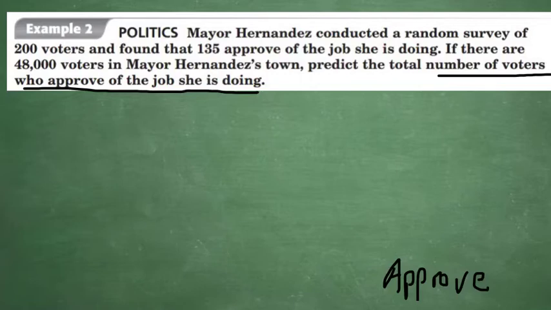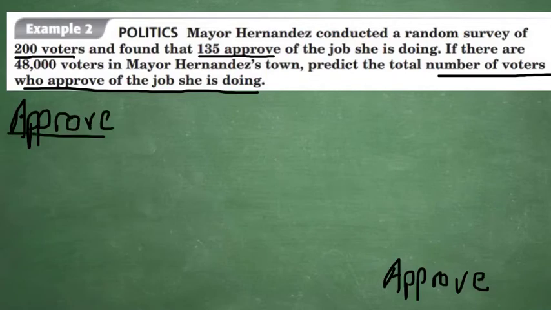So we said earlier, the ratio is when we compare two different quantities. So we can see in the beginning, we compare 200 voters, 135. Those two things basically are showing those that approve to a total. So the number that approved to a total.